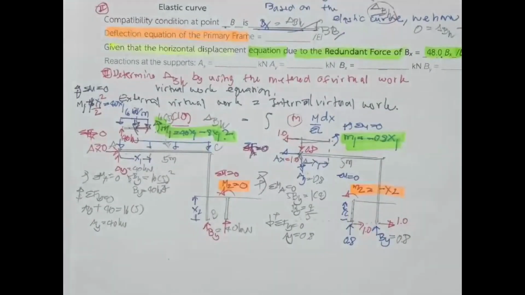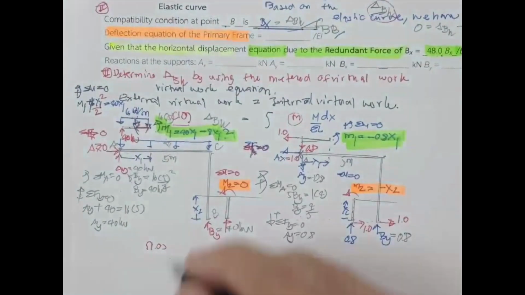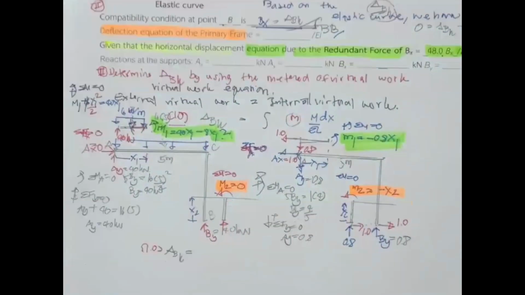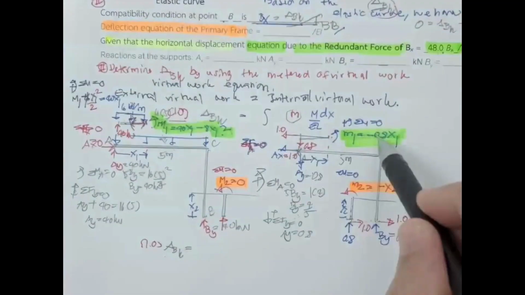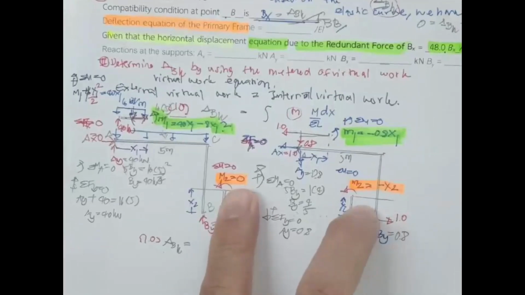Okay. And then what you get over here? You have to do the integration. So 1.0 delta sub BH is going to be only these two terms. These two terms multiplied and you get it to be 0. Okay, it will be 0.